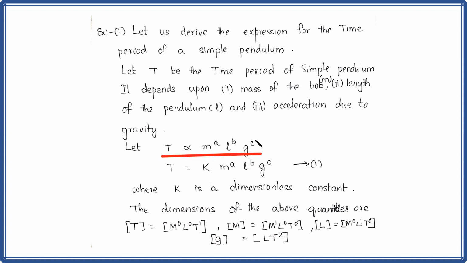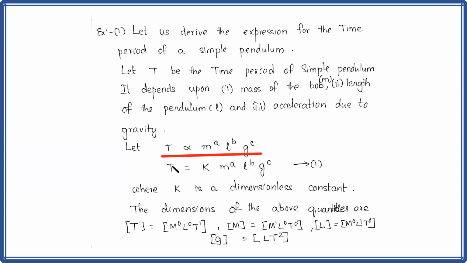We don't know the values of a, b, and c. So we have to find the values of a, b, c. Then only we can derive the expression for the time period of a simple pendulum.